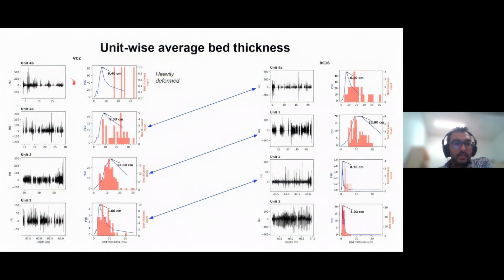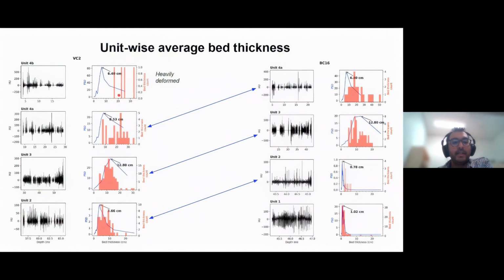And if you look at Unit 4B, it is a heavily deformed sequence. So the power spectral density that we computed from the HU values may not match with the bed thicknesses that we picked manually.